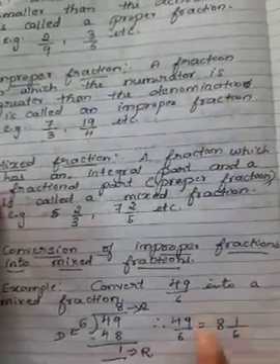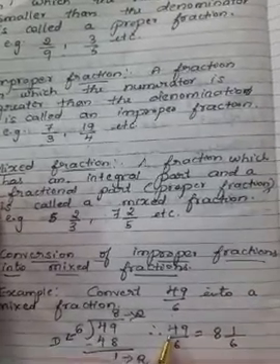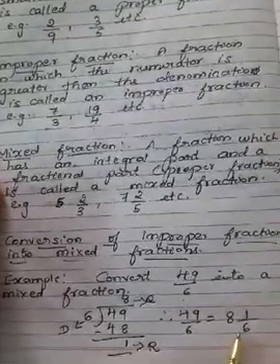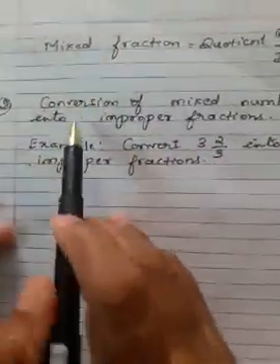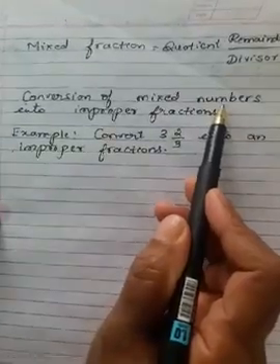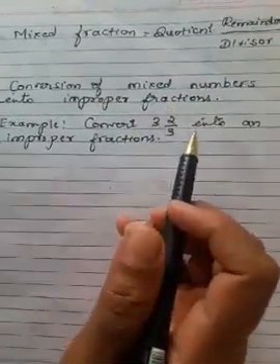Now this is which fraction now? It is a mixed fraction. So we have converted improper fraction into mixed fraction. Understood? Now let's see how to convert mixed numbers or mixed fractions into improper fractions. So mixed fraction is given.